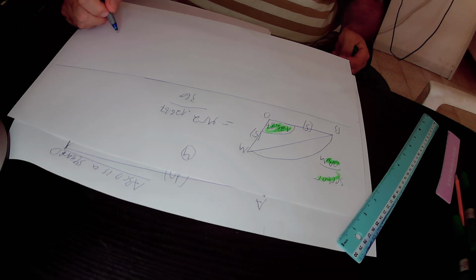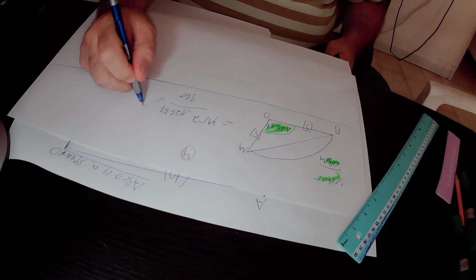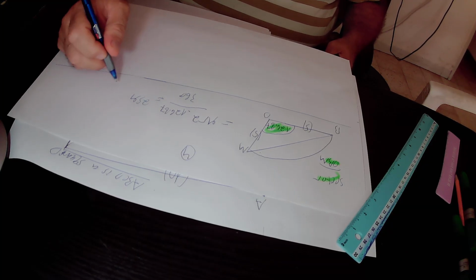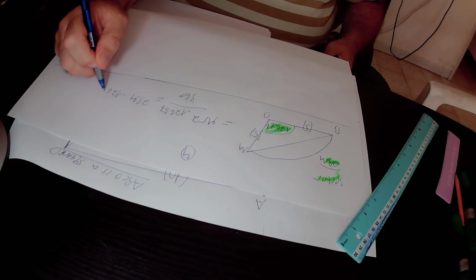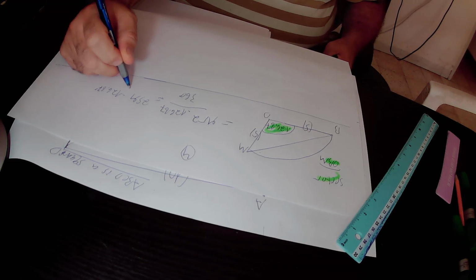R is 5, therefore r squared is 5 squared, that is 25. So pi r squared is 25 pi times again 126.87 degrees over 360 degrees.